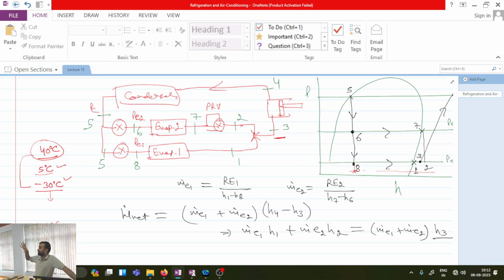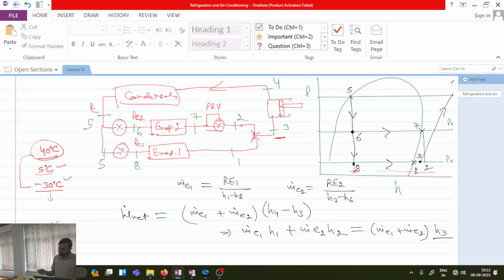Moreover, if this ratio is large, then using a single compressor for a large pressure ratio will lead to a large amount of work input and a significant decrease in volumetric efficiency of the compressor, because volumetric efficiency is proportional to the ratio of pressure across which it is working. So if the pressure ratio is large, then volumetric efficiency decreases. And if the pressure ratio is small, then volumetric efficiency increases.